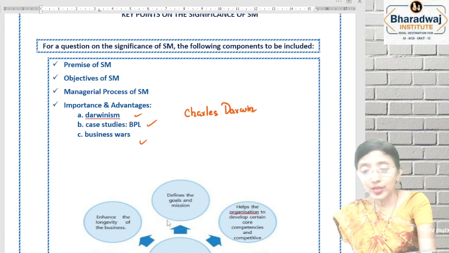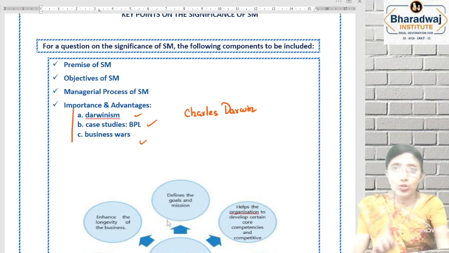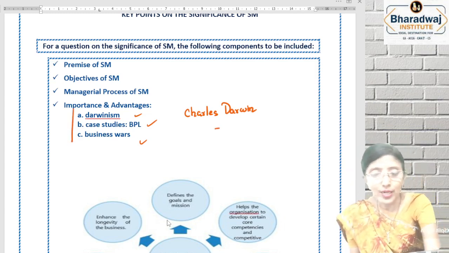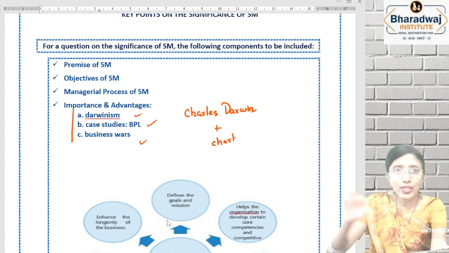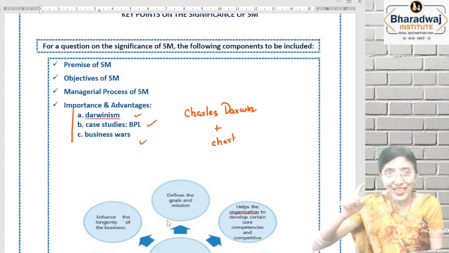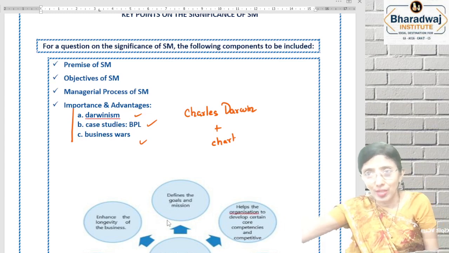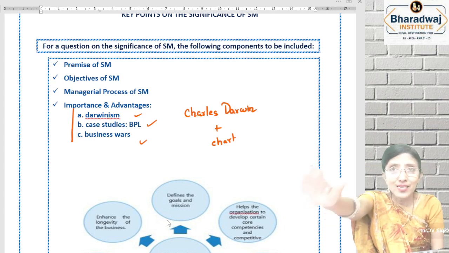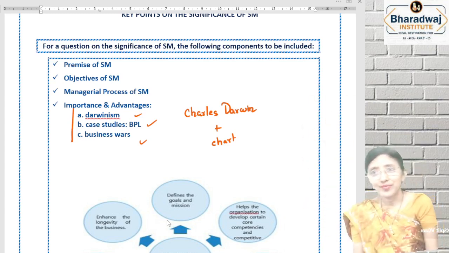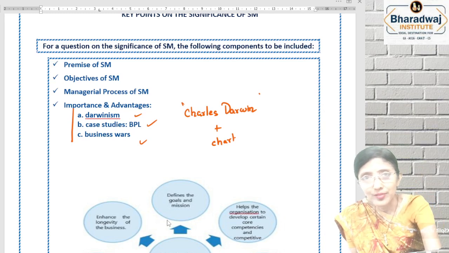Now I'm adding three main points to enrich your answer, plus a chart. Now, what is Darwin's theory? It is not the most intelligent person, and it is not enough if you have physical strength. Adaptation to the external environment is what is going to guarantee you success, survival and stability in the market. So quote the name of an expert.